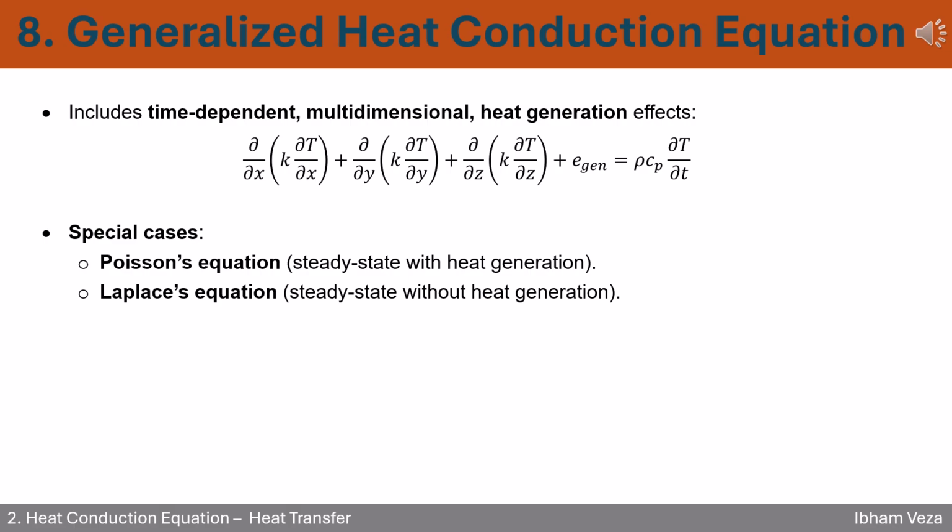Poisson's equation covers steady state with heat generation, and Laplace's equation covers steady state without heat generation. Always start from the general form and simplify it based on your specific case. This approach keeps your analysis structured and avoids common mistakes.